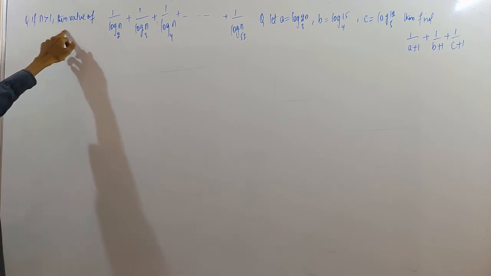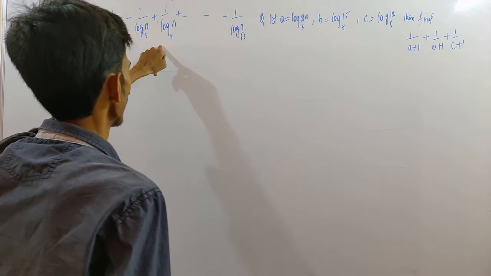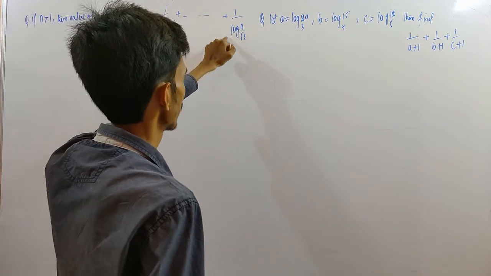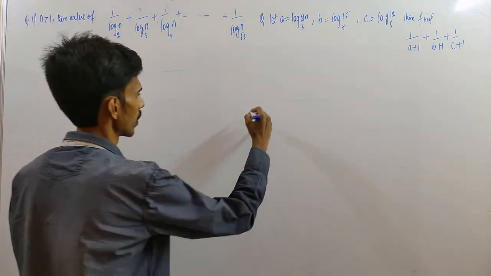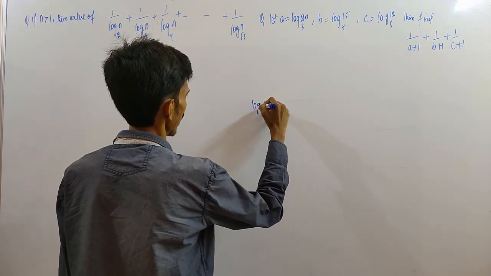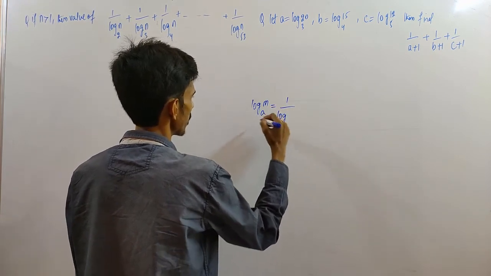If n is greater than 1, then find the value of 1 by log n base 2, plus 1 by log n base 3, plus 1 by log n base 4, and so on, up to 1 by log n base 53. We know that log m base a can be written as 1 divided by log a base m, interchanging these two.